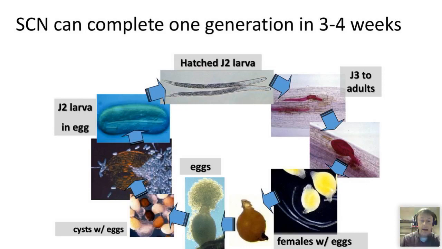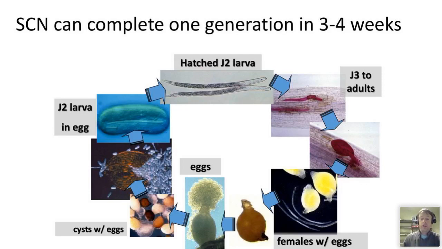Now in SCN, there are both males and females. The females will never move again from that feeding site. So once they start feeding, they never stop until basically they're dead. The males will go back to a worm-like shape and go in search of females for reproduction.